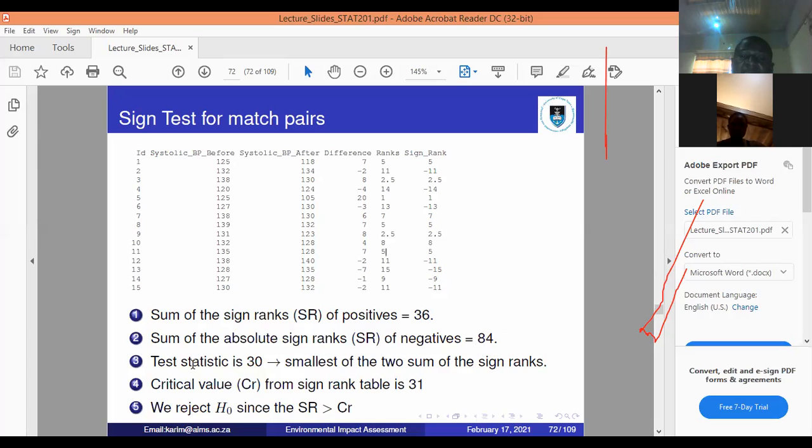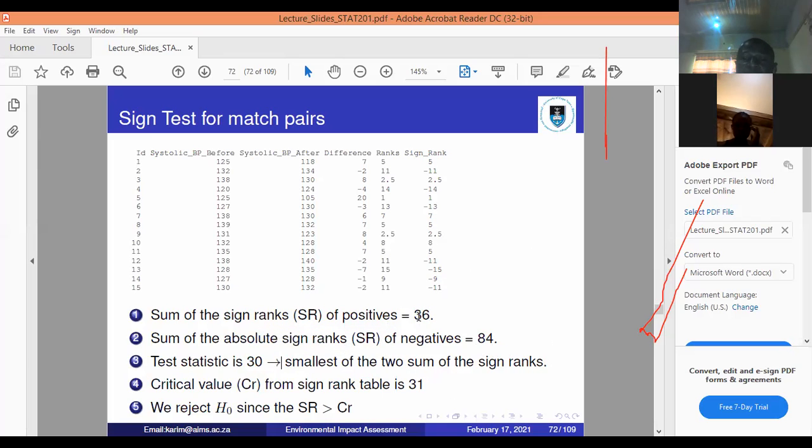Now, the test statistic. We are looking for the smallest of the two. Which is the smallest value? This, in fact, is supposed to be 36, not 31, and not 30.